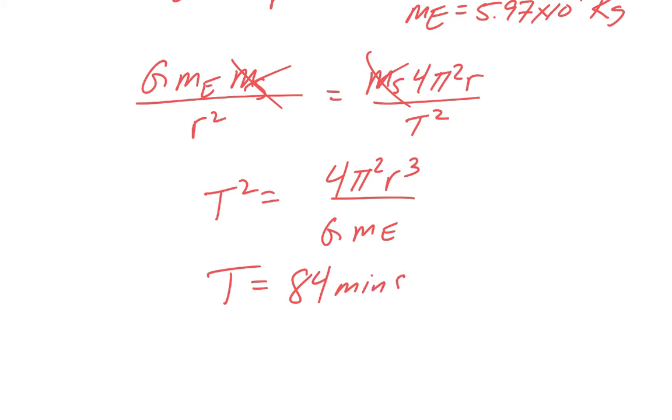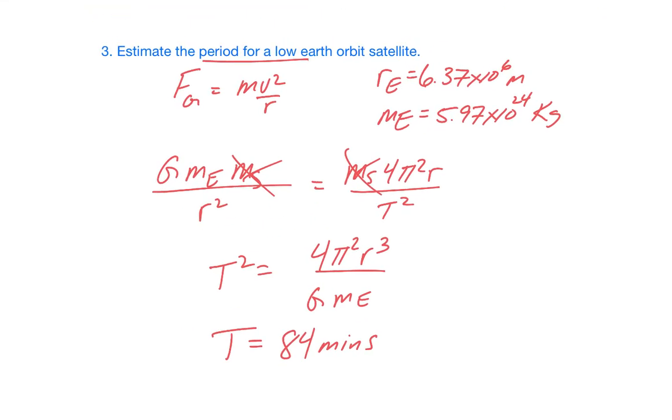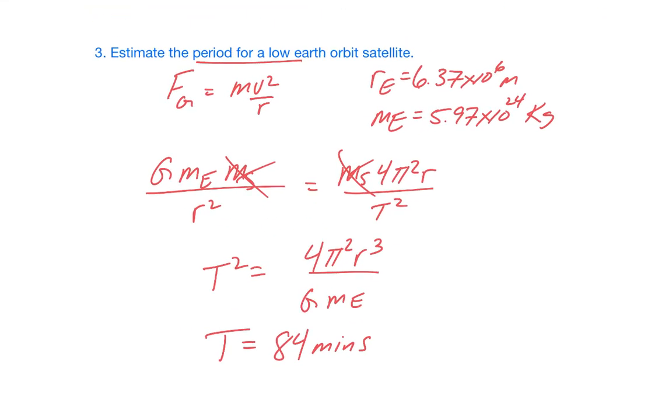Now, I want you to realize something here. We assumed a low Earth orbit, and we also know that in a low Earth orbit close to Earth, don't we know the acceleration due to gravity? Isn't g just 9.8 meters per second squared when we haven't gone really far from the Earth?